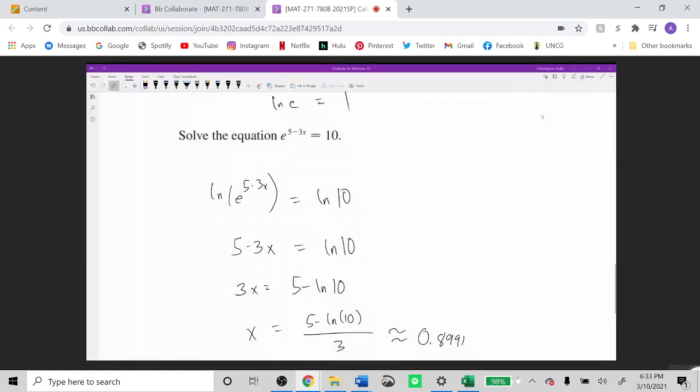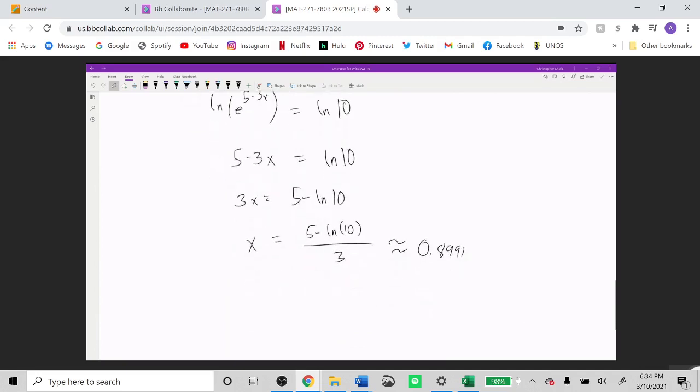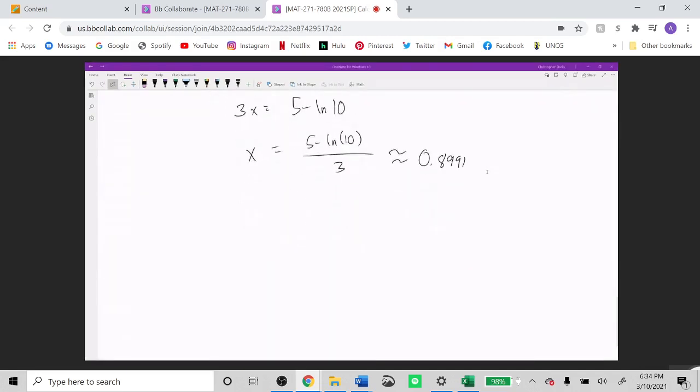Let me grab yours real quick here, because I wrote down the problem. It was e raised to the 2 minus 4x equals 8. Yes.